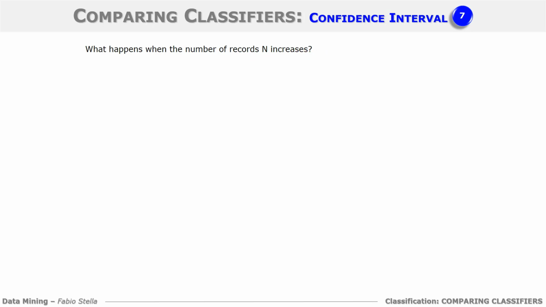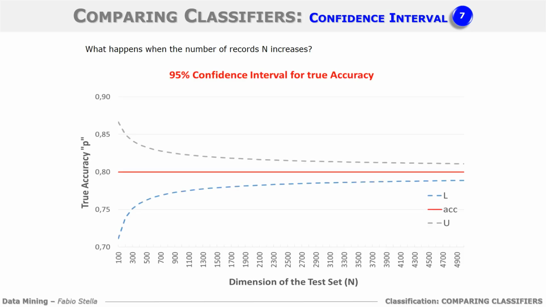So what happens to the confidence interval about the true but unknown value of the accuracy of the considered classifier? To clarify, we use this graphical representation, which shows how the amplitude of the 95% confidence interval for the true but unknown accuracy changes depending on the dimension of the test set, represented by capital N. In particular, the blue dashed line represents the lower limit of the confidence interval, while the gray dashed line represents the upper limit.